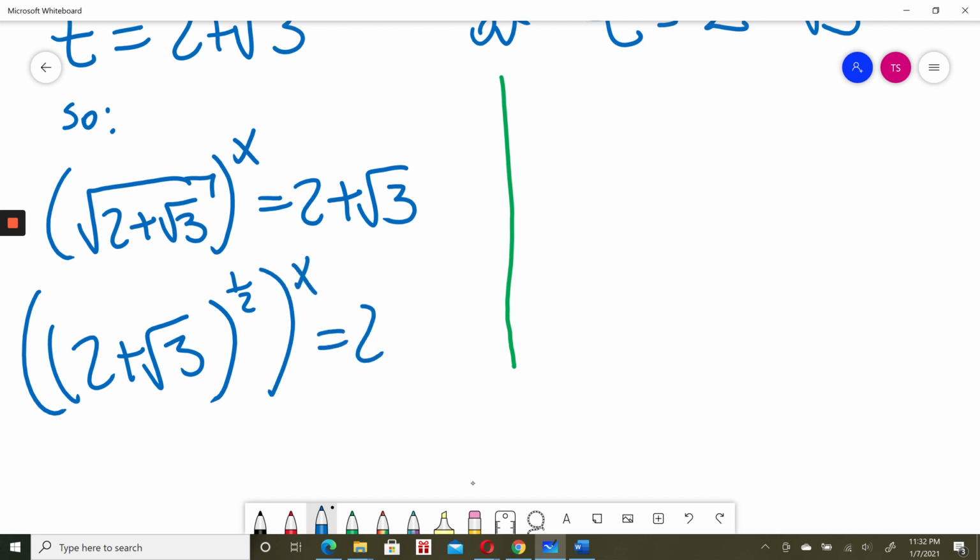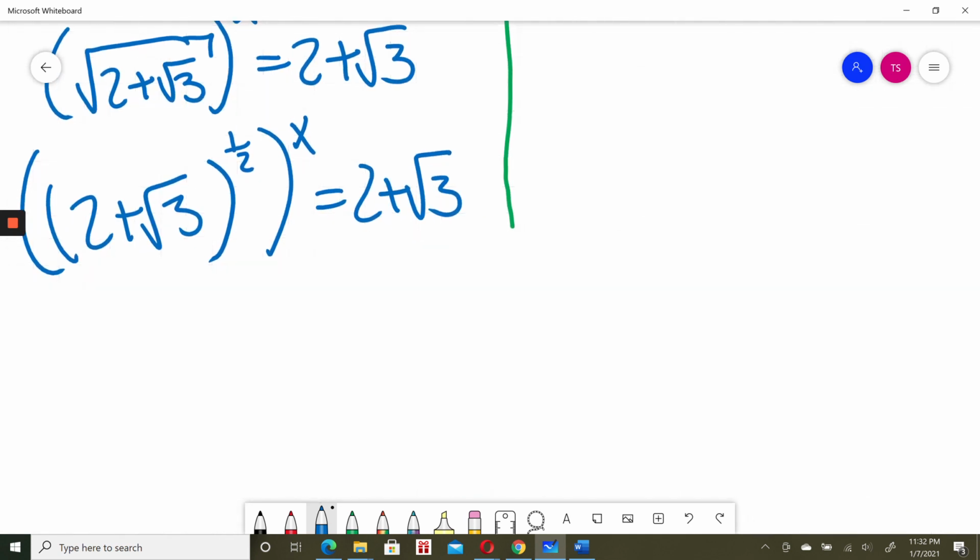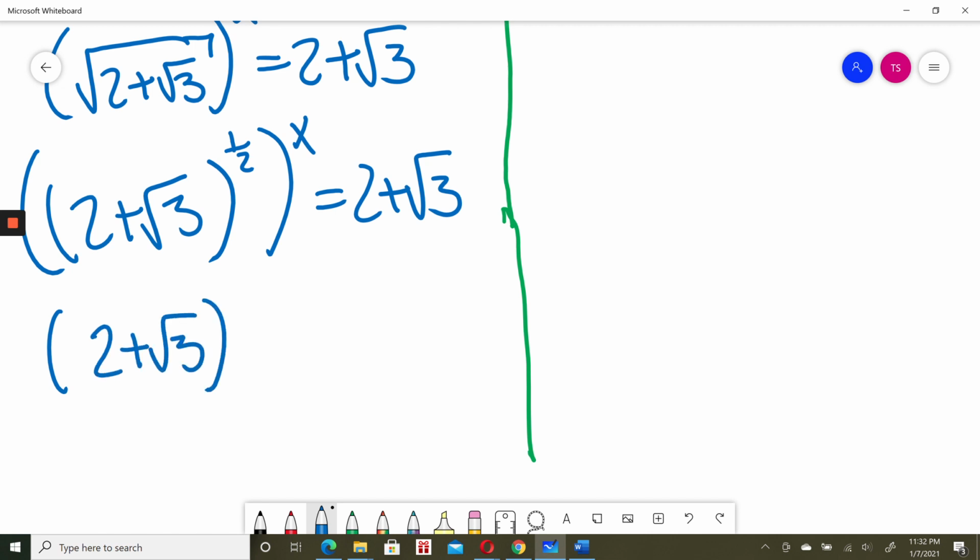This is equal to 2 plus square root of 3. Now, on the left side, when I have power to power, I will multiply the powers. So this will be 2 plus square root of 3 to the power of 1/2 times x.